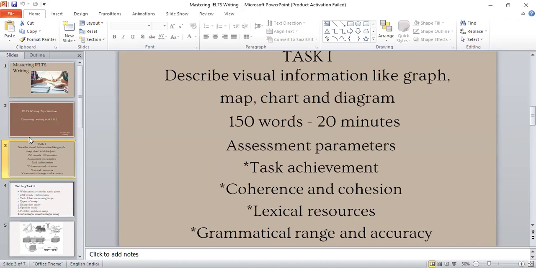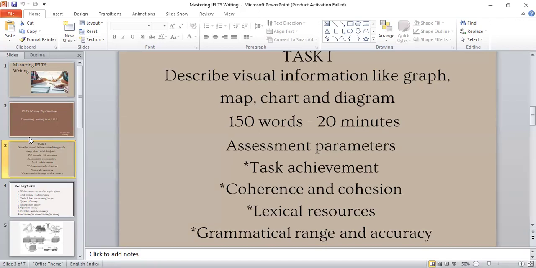The first type of question that can be asked in task 1 is bar graph, pie chart, line graph, process chart, table, map layout, and mixed graph. Mixed graph means you'll be given either a table and a pie chart or a bar diagram. You have to go through each of these and get into an analysis and conclusion.